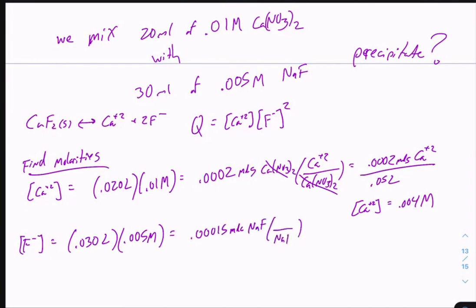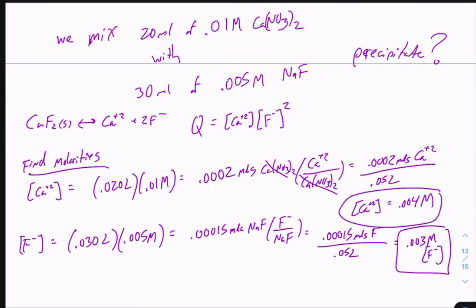In every sodium fluoride, there is one fluoride, so 0.00015 moles of fluoride divided by the same volume, 0.003 molar F minus. Solve for Q. Tell me what you think.